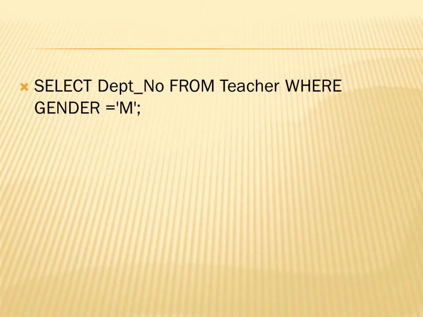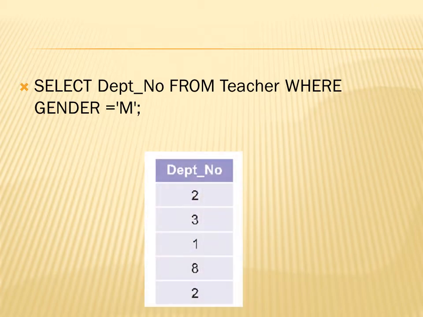See here, select department number from teacher where gender is equal to M. Only the department number from the teacher whose gender is equal to male. Only the male teachers' department number you want to find out. So the output will come like this. What you are selecting is the department number.